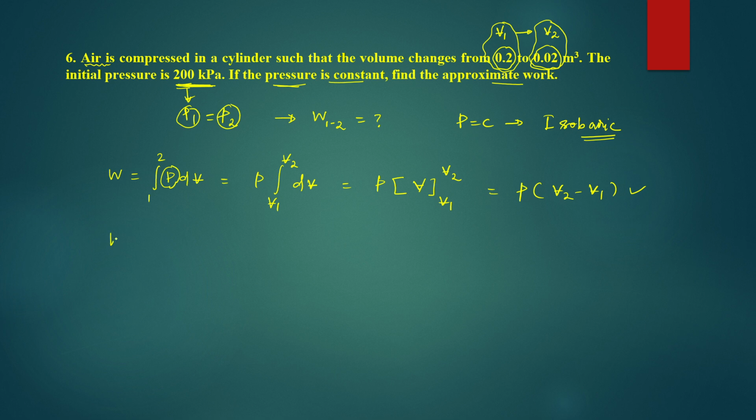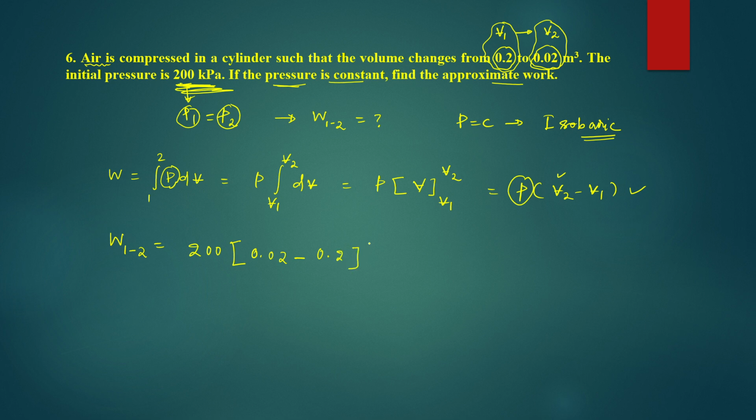So we have to find out this work. W1 to 2 will be equal to this pressure which is given to us as 200 kilopascal. So I am putting 200 multiplied by V2 minus V1. V2 is given to us as 0.02 minus V1, which was 0.2.